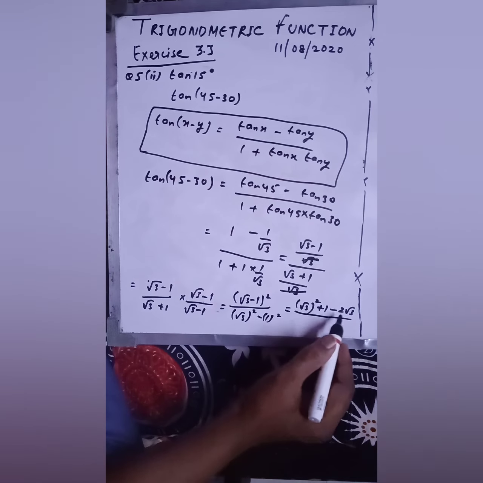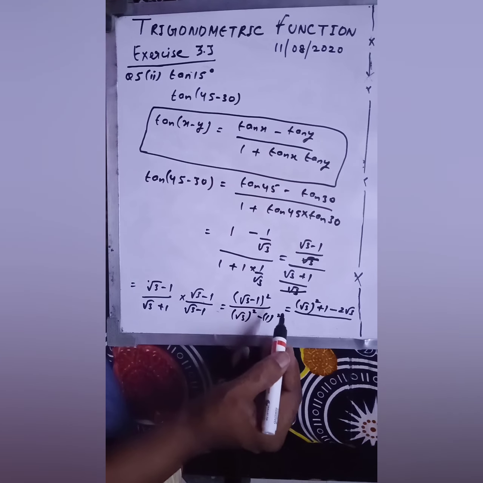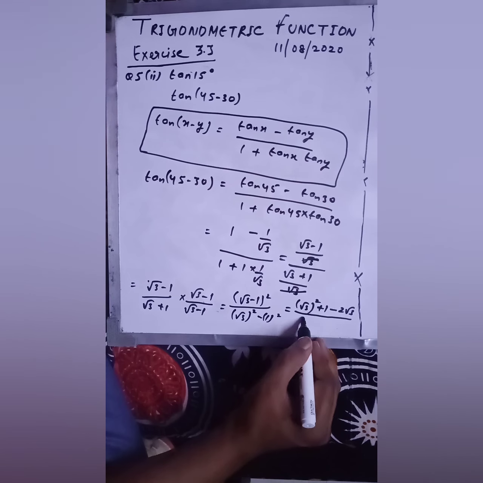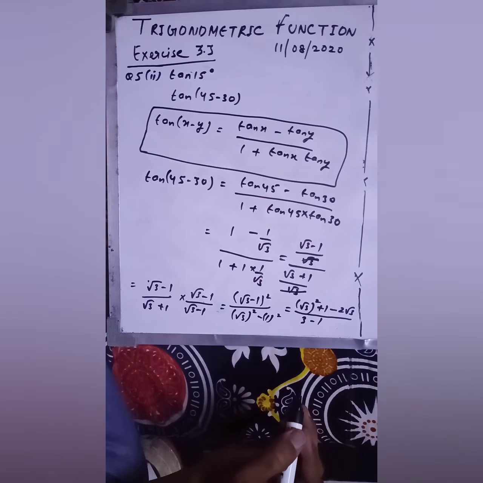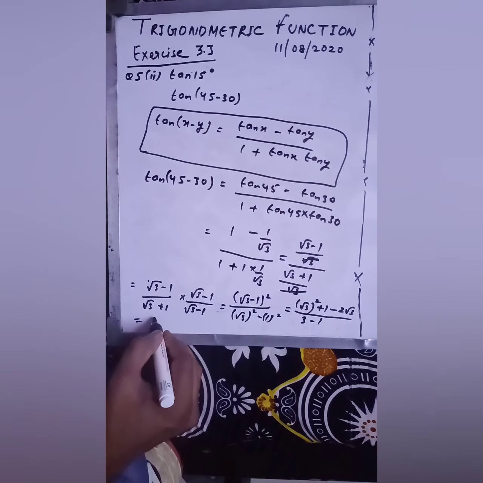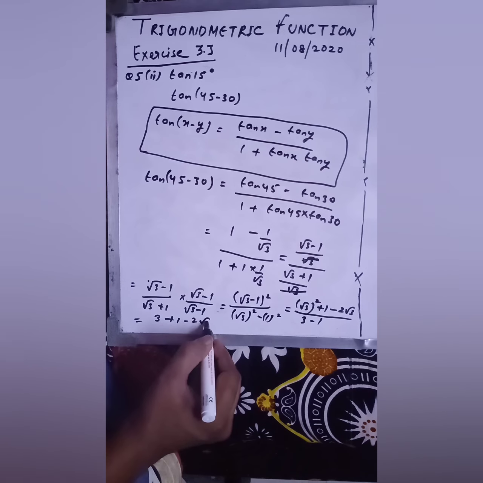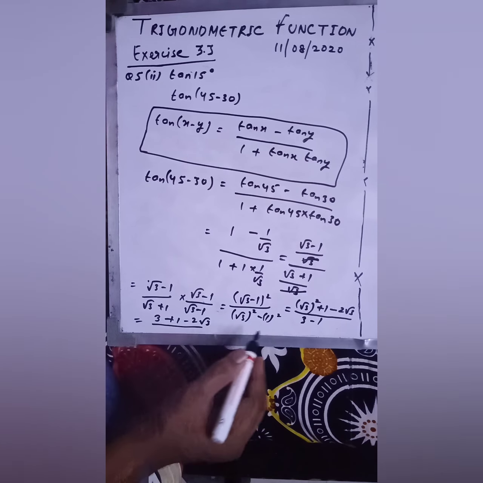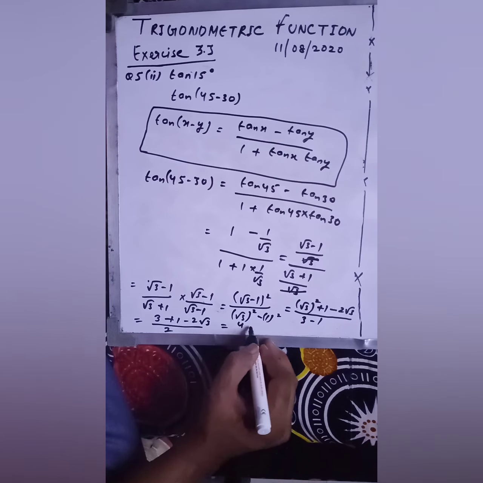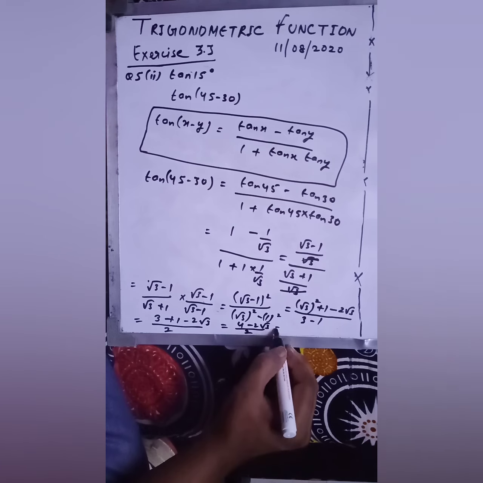I am not showing all these steps because you have been using this formula since your 7th and 8th class, so I know you can do this. In the denominator you get 3 minus 1. The square in the numerator gives 3 plus 1 minus 2 root 3, over 2 in the denominator, which equals 4 minus 2 root 3 over 2.